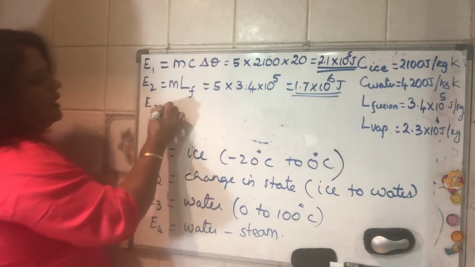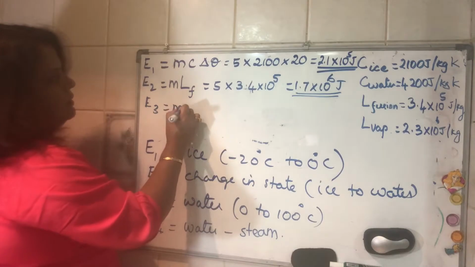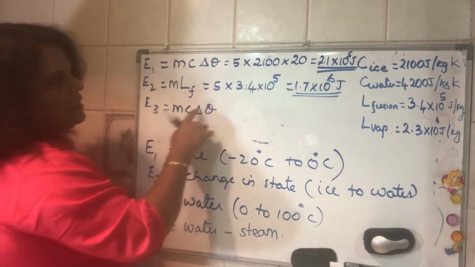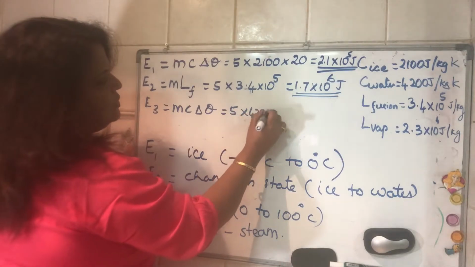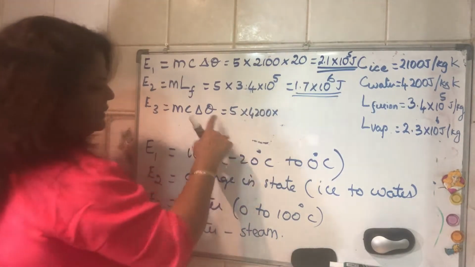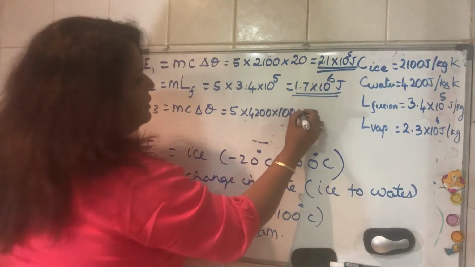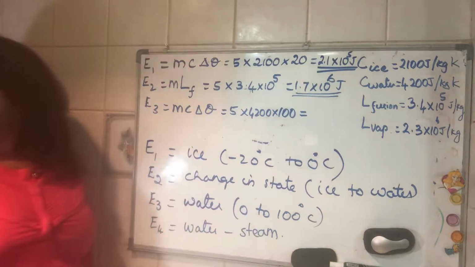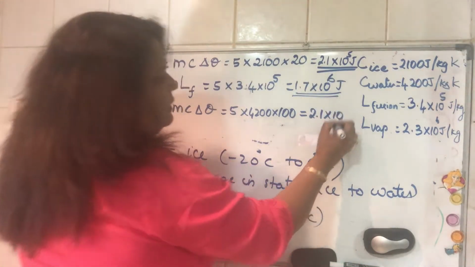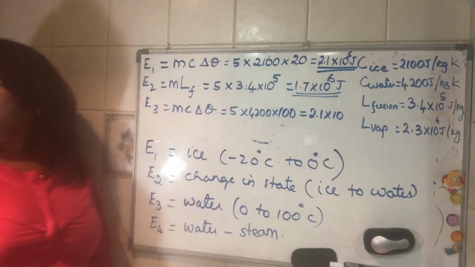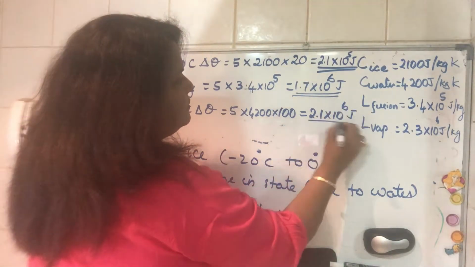And E3 will be, again, mc delta theta because there is a change in temperature. But here, which c will you be using? You will be using c of water. So it will be 5 multiplied by 4200 multiplied by delta theta, where the difference is 100 degrees Celsius, so multiplied by 100. That will give you E3 as 2.1 into 10 to the power of 6 joules.